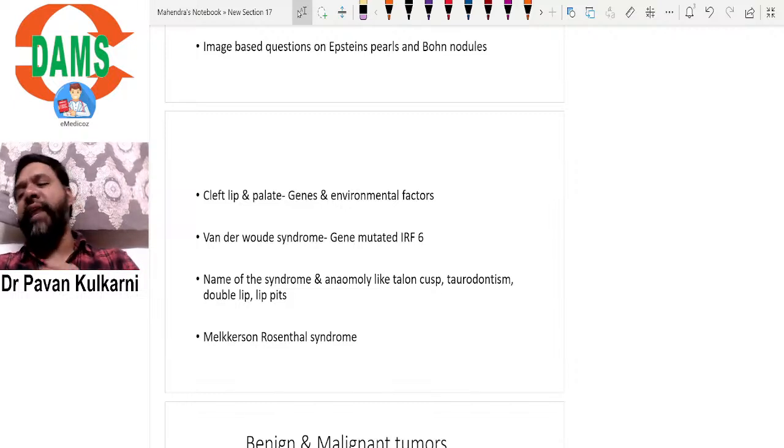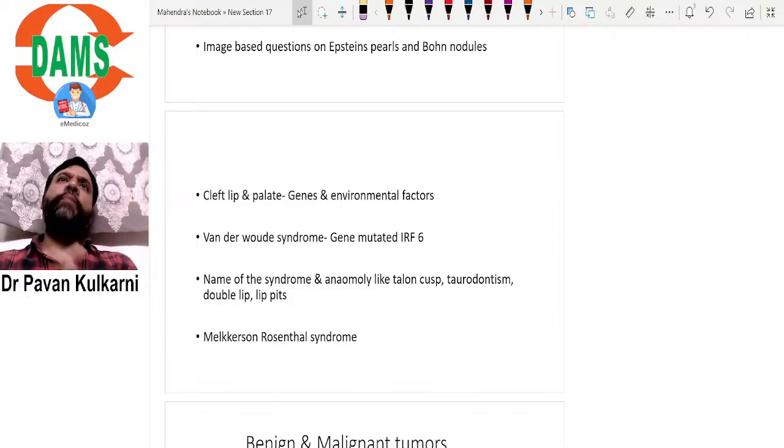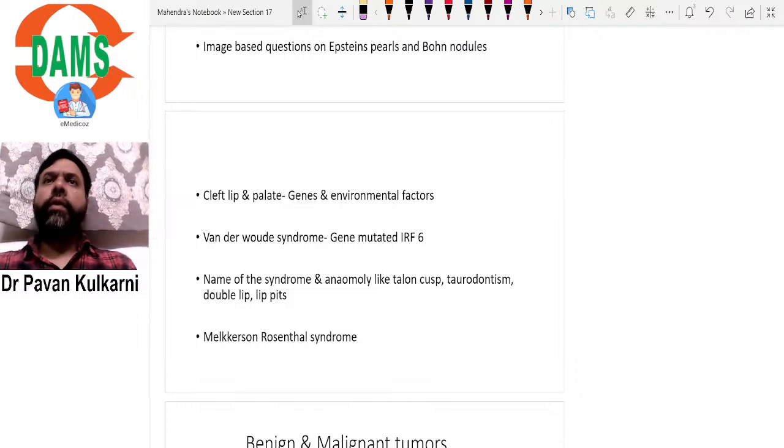Melkersson-Rosenthal syndrome is again a very important topic, where we are supposed to know that this syndrome is mainly associated with facial paralysis, fissured tongue, and cheilitis granulomatosa.